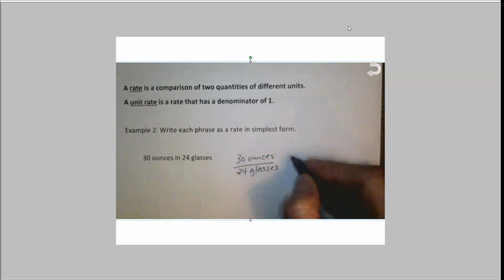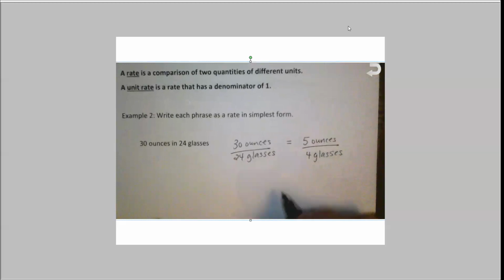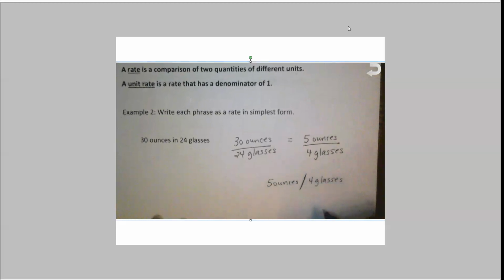Both the numerator and the denominator are divisible by 6. So that would be 5 ounces to 4 glasses. When you put that in your Excel document, you can just, of course, write that with the slash. But make sure to give the full label because that's a part of your answer as well. 5 ounces to 4 glasses.